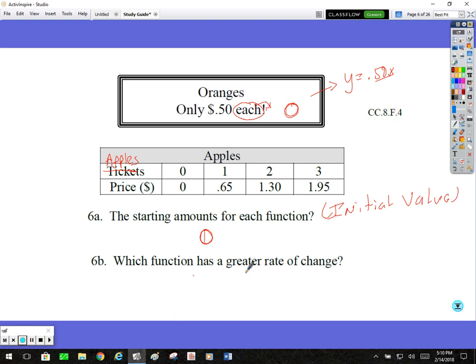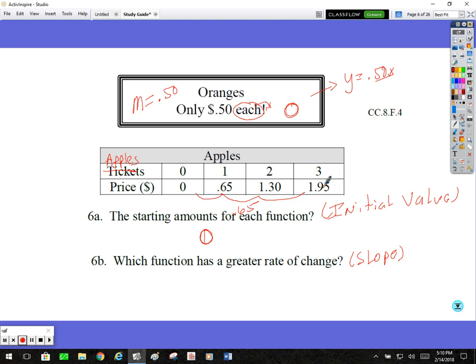Now, it wants to know which function has a greater rate of change. All it's asking you is which one has the bigger slope. So we're looking for the bigger number. Well, here, every time I buy an orange, it goes up 50 cents. Well, here, it looks like it's 65, but I want to make sure that my change is constant. And if I subtract 130 minus 65, that is 65.